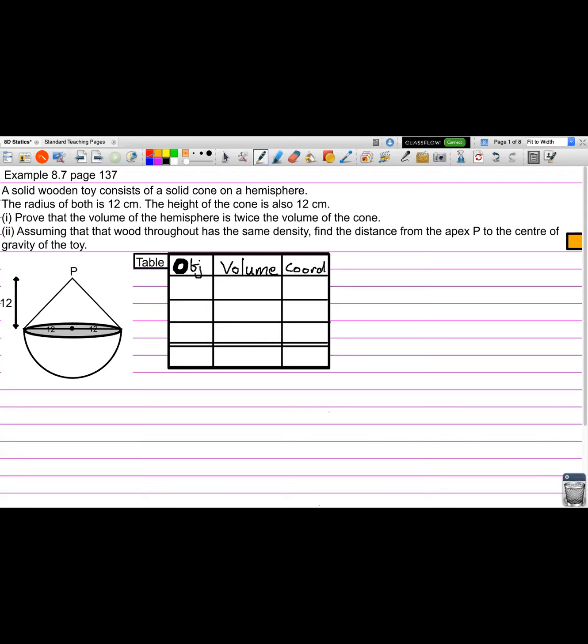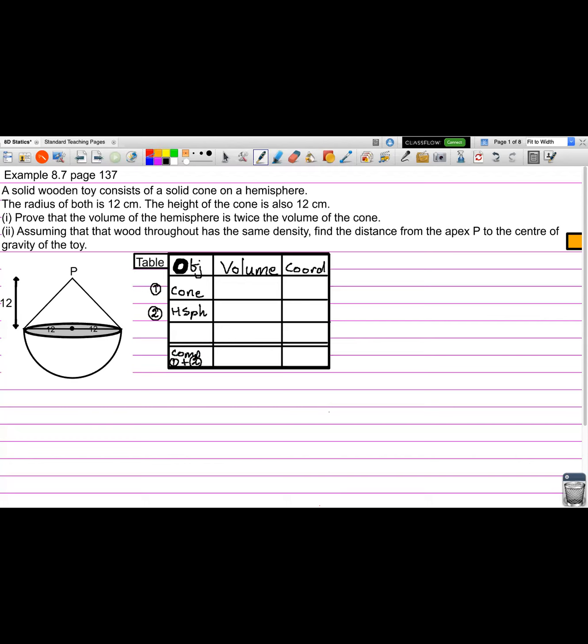Now, the objects we have, the top object is a cone. The bottom object is a hemisphere. And what we have here is a composite body, which is made up of object 1 plus object 2.